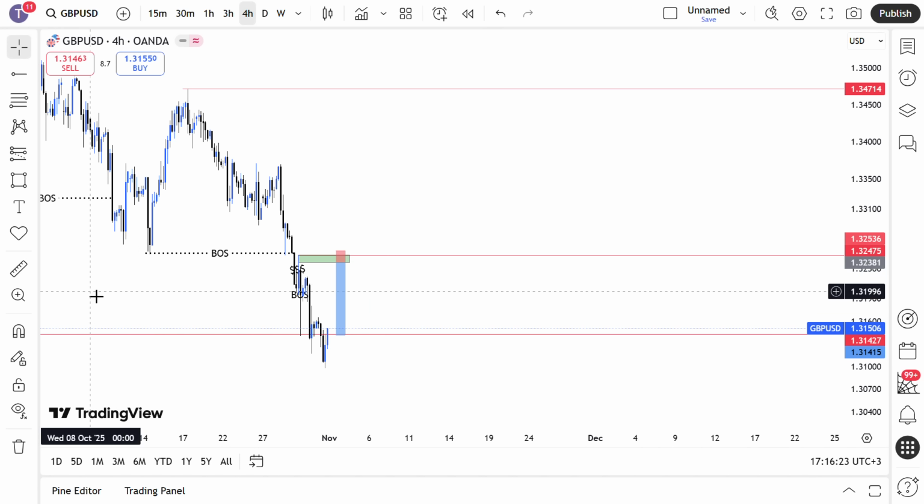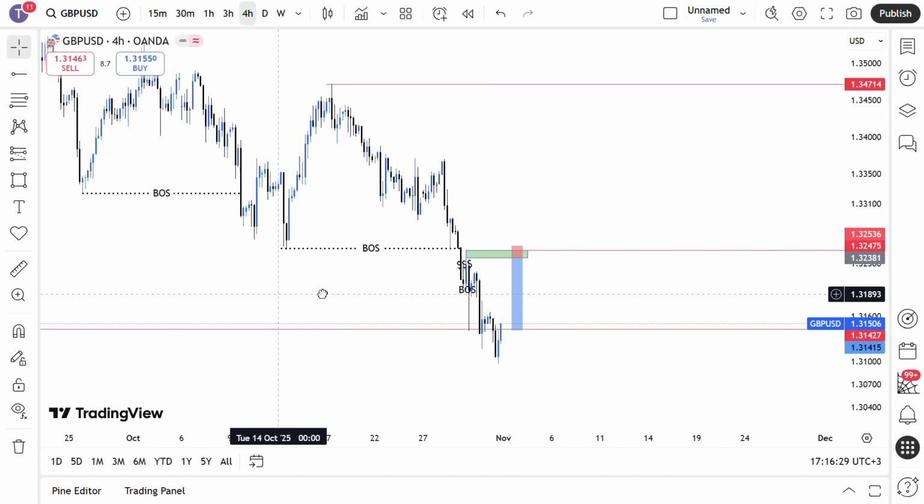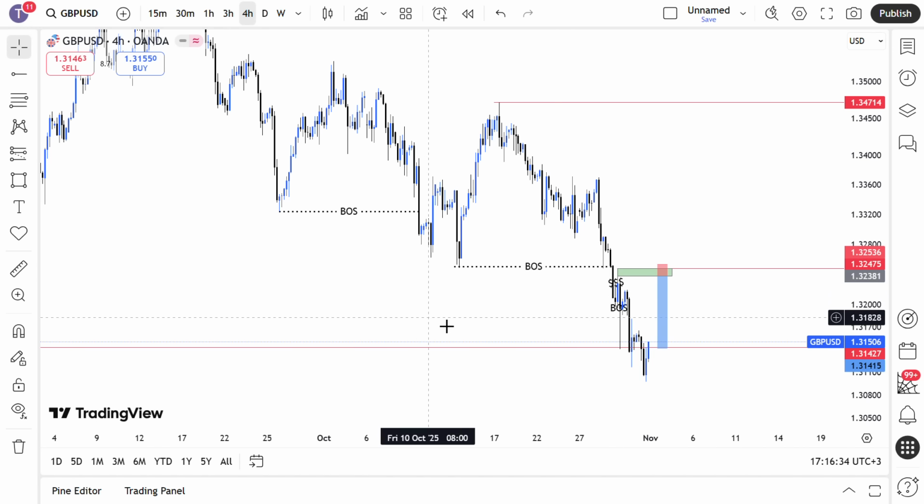So we wait patiently to see if price will be having a candle close on this low before we take any judgment of a break of structure on this low. So currently, right now, that is my view.